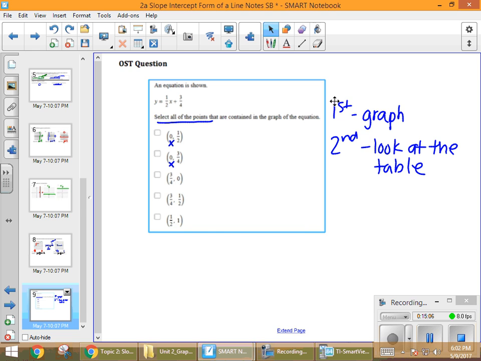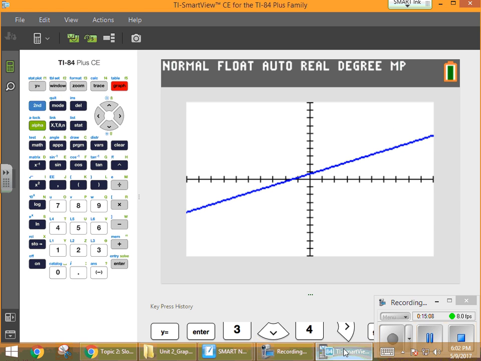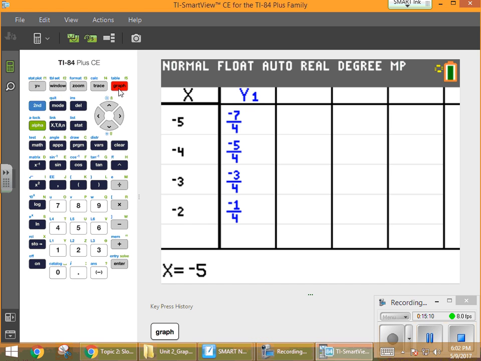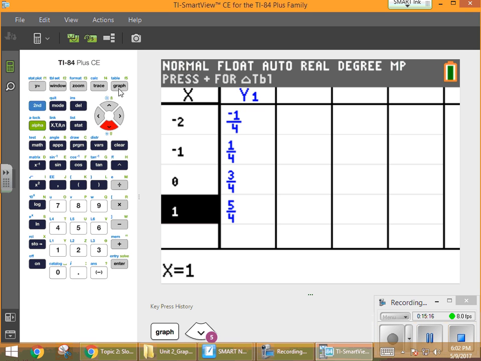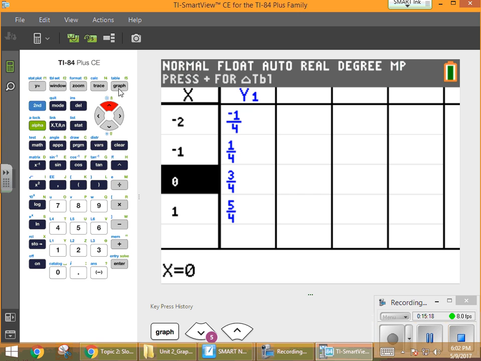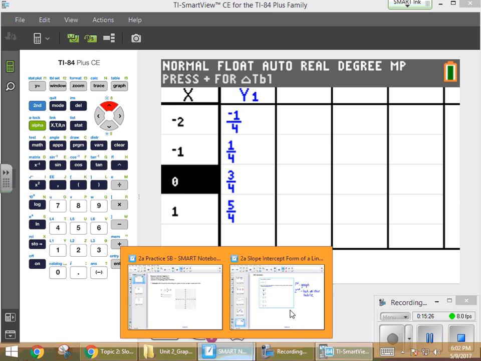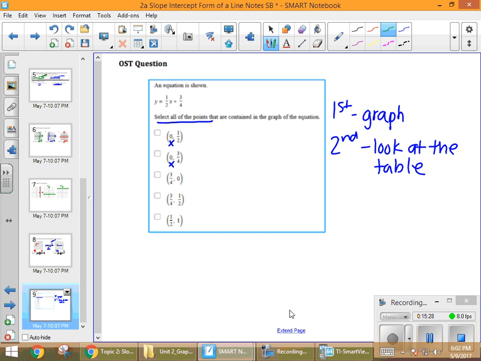So when I go to the calculator here, I hit second graph to get to the table, and I'm going to scroll through this table until I see where x equals 0. Looks like I have x equals 0 right here, and its y value is 3 over 4. So I can go back to my paper here and choose that 0, 3/4 is on the line.